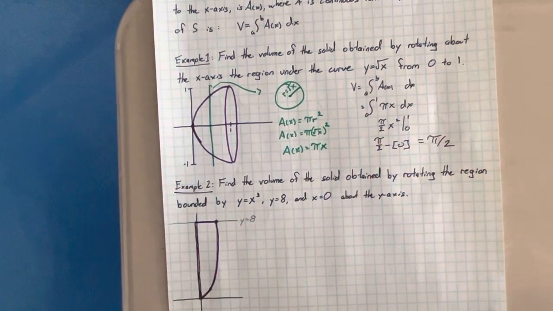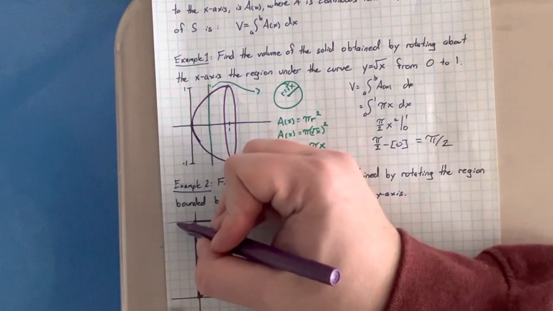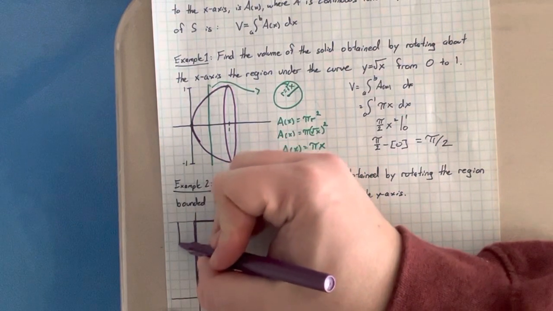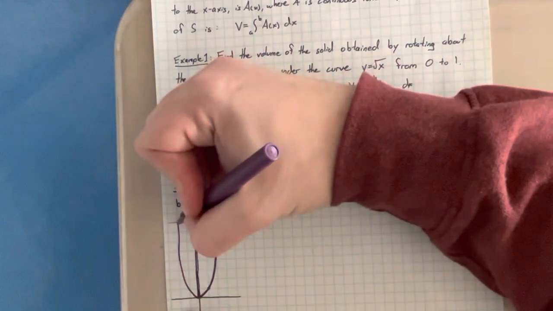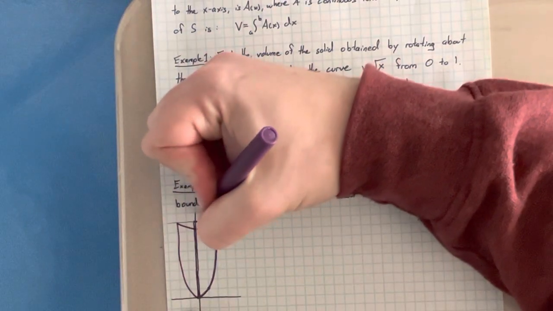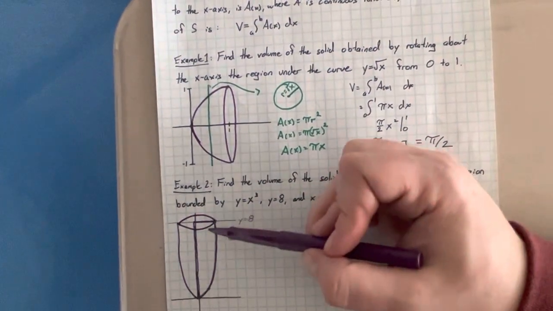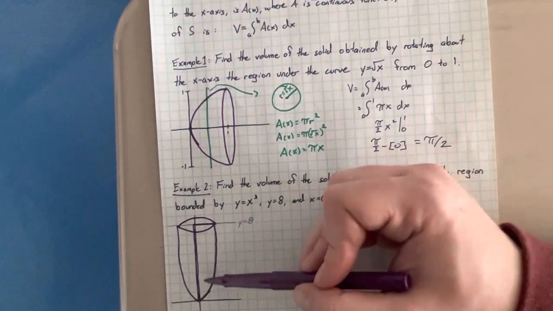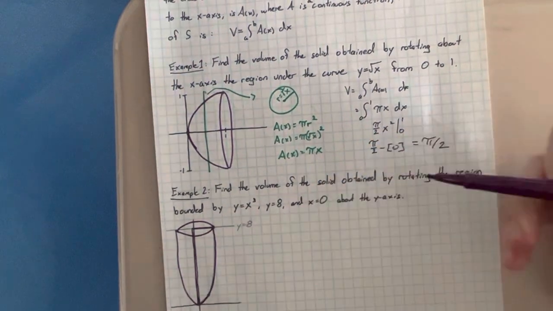And it says we are spinning this, rotating it about the y-axis. So when we're spinning this, it's going to spin around here. So imagine this shape. It's like a tall, skinny vase or something like that, with kind of a rounded bottom.